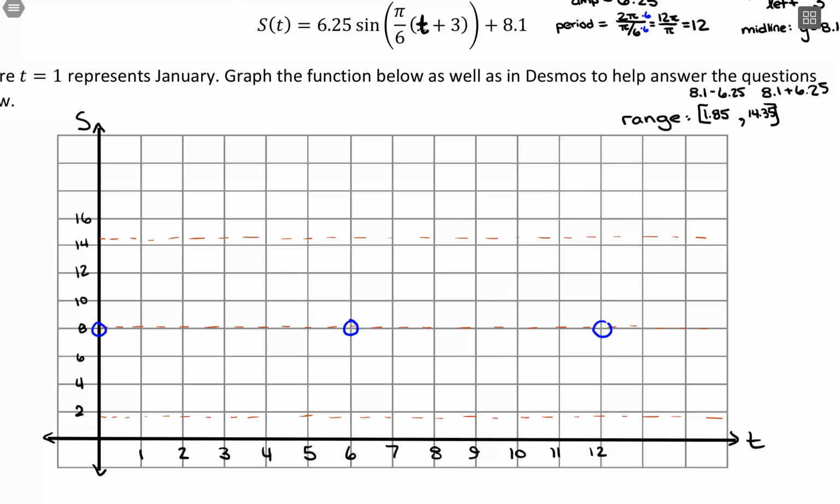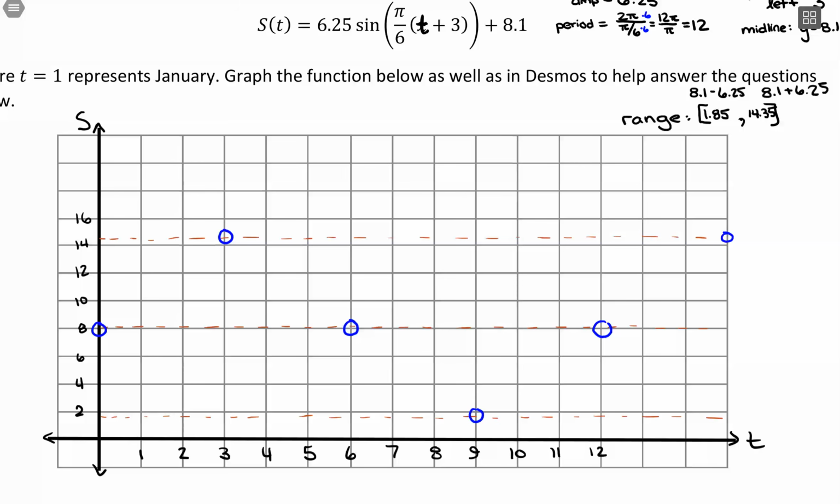And halfway between 0 and 6, we would be at the maximum. Halfway between 6 and 12, we would be at the minimum. So that's where we would be without the phase shift. But what we're going to do is pick this up and move it to the left 3 units. I'm going to put one more off to the right-hand side here, back up at that maximum.